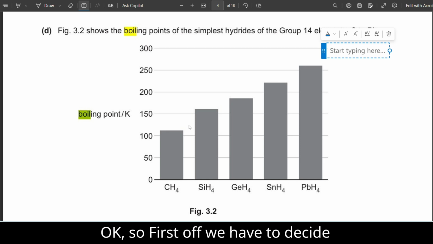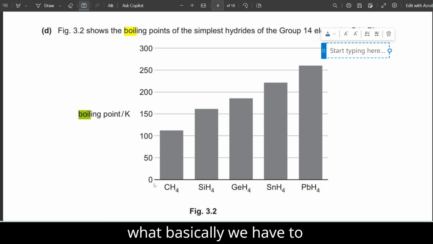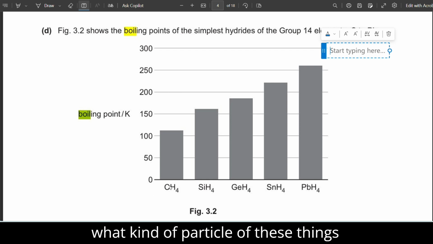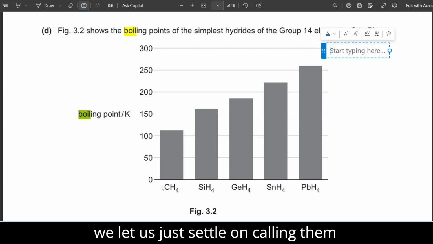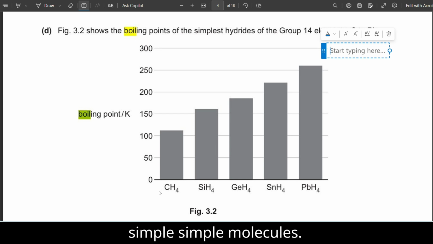Okay, so first off, we have to decide what type of molecule, what kind of particle all of these things are. I think let us just settle on calling them simple molecules.